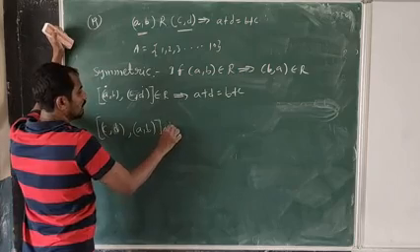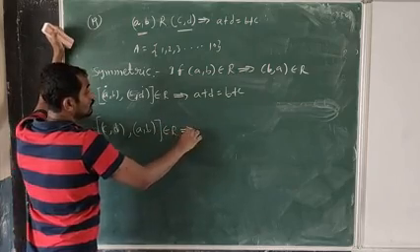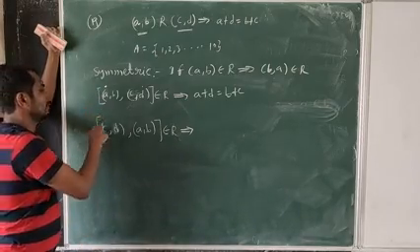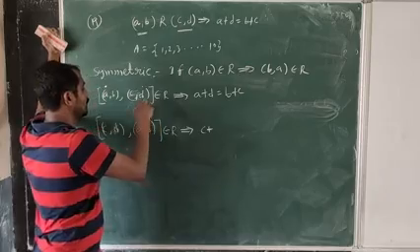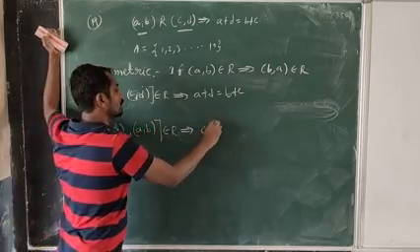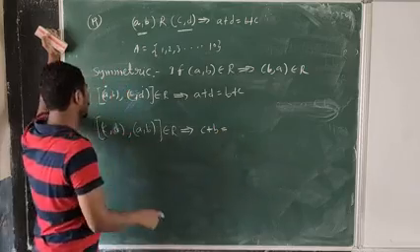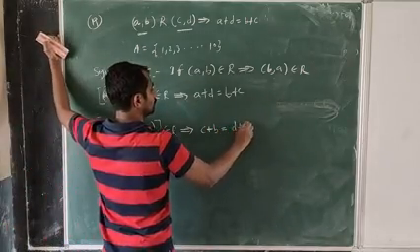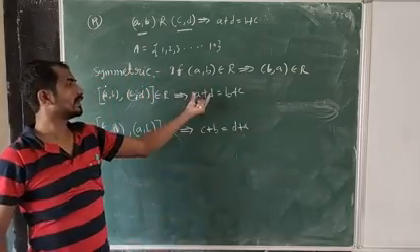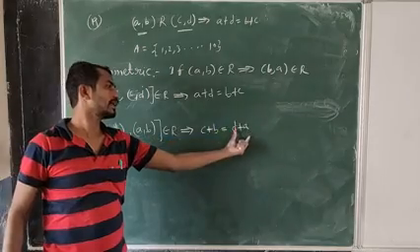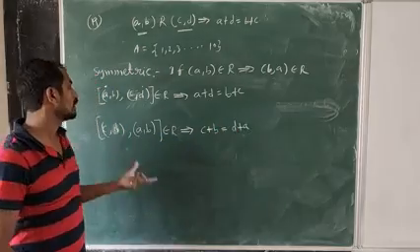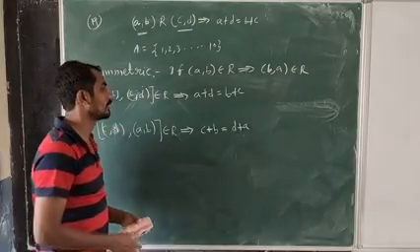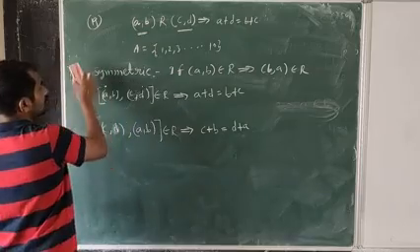Suppose we assume it belongs to R, meaning the condition is: first element C and second element B. C plus B is equal to, again, the second element and first, B plus C. This is coming, see, A plus B is equal to B plus C. Here what is B coming, A plus B is equal to B plus C. That means the condition is satisfied. Symmetry is also satisfied.